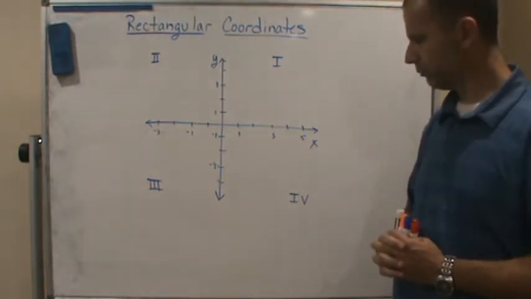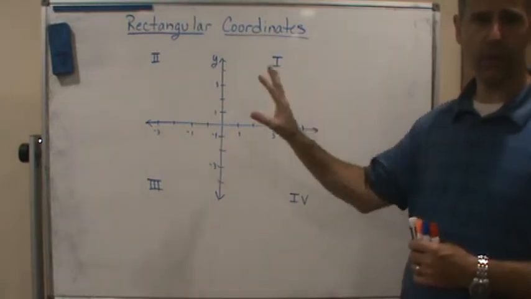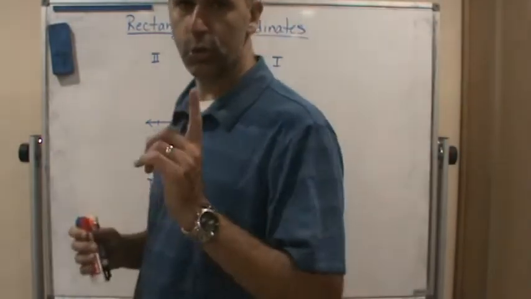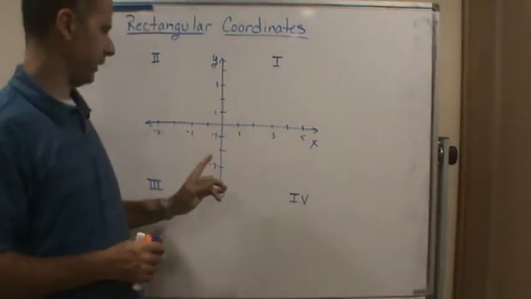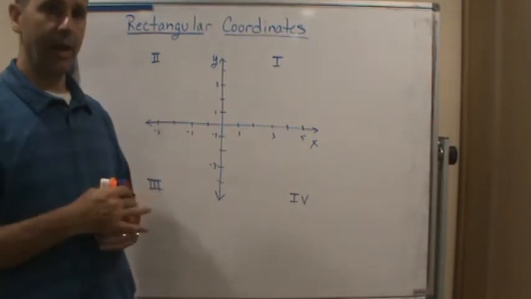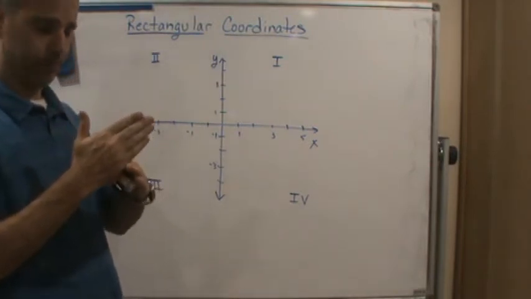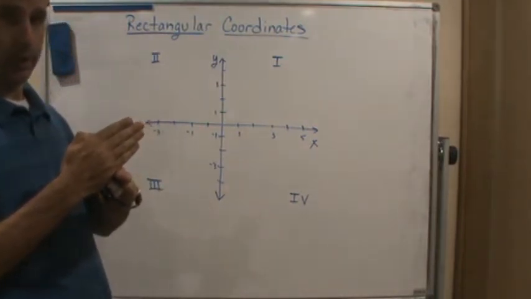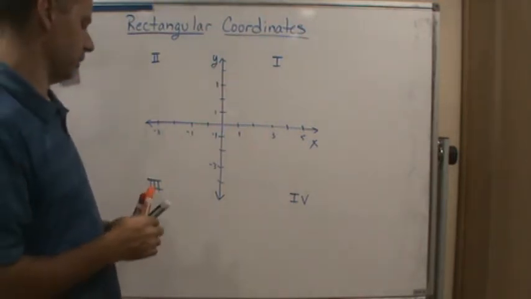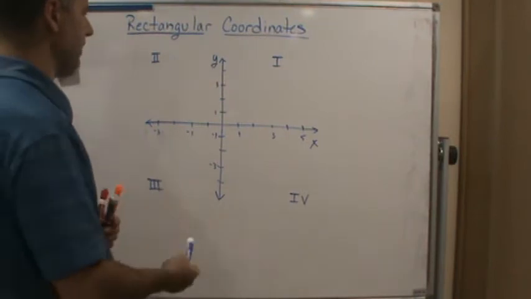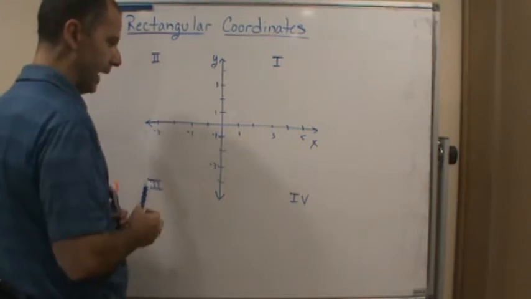This is a way we can represent any point in a two-dimensional space by just knowing two directions, two dimensions. To construct the rectangular plane, we have two axes intersect, two axes that are perpendicular to each other. We call the vertical axis the y-axis, and the horizontal axis the x-axis.